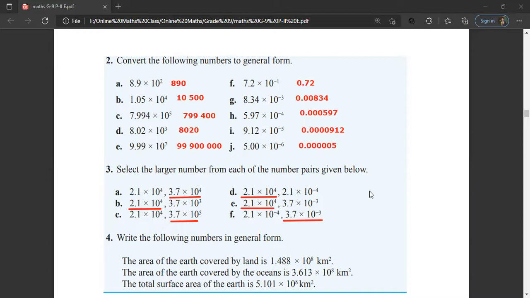4. The area of the earth covered by land is 1.488 into 10 to the power 8 square kilometers. So how to write it?